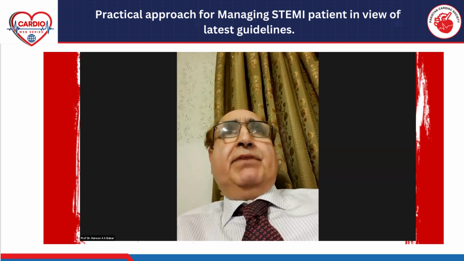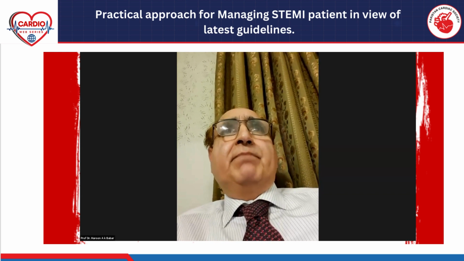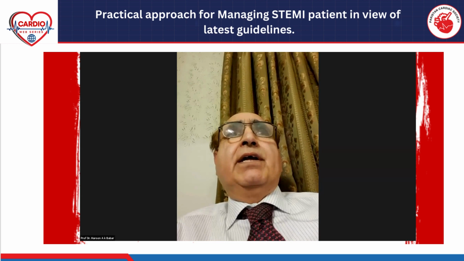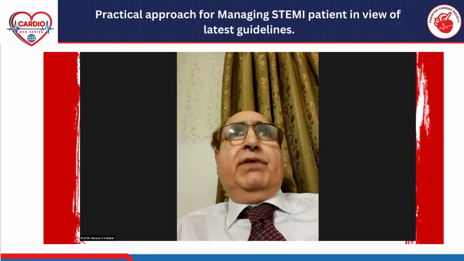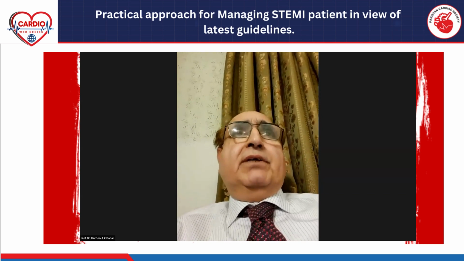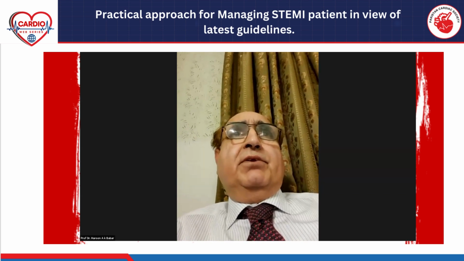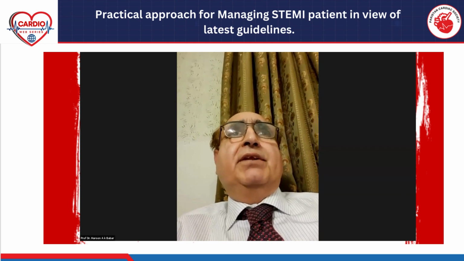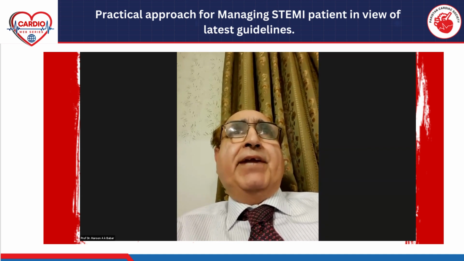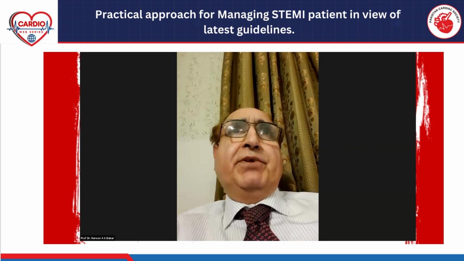Even with some stents, after 1 month's time, you can stop one of the antiplatelet therapies. Usually we can tailor it and stop it in 2 months' time. These new stents have an edge over the previous stents we were using.